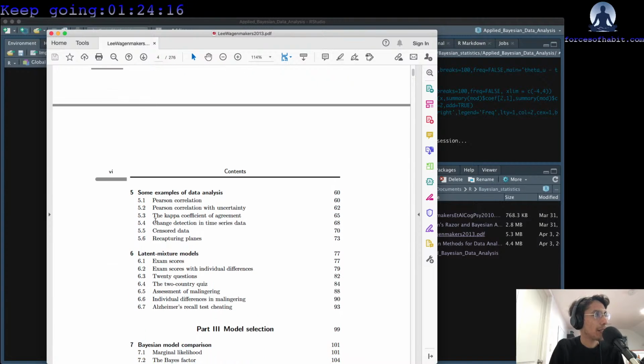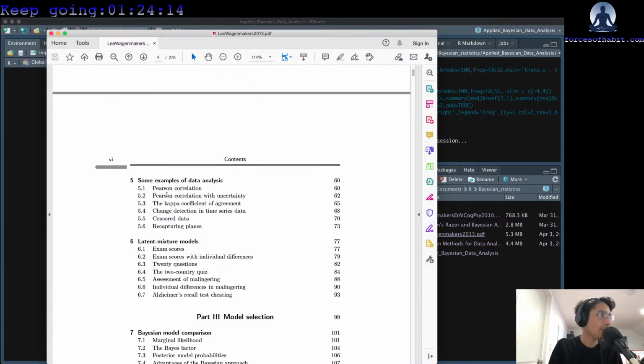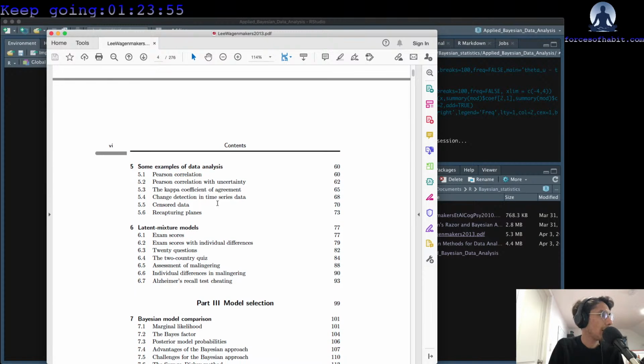Now we're looking at some examples of potential data analysis that one could run. We're in part 5.3, and today, depending on the exercises, we might just make it through chapter 5, so we can go to latent mixtures.